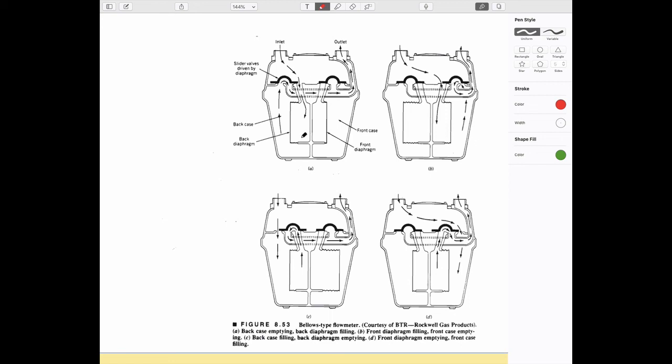It automatically flips a valve, opens up the outlet for it, and allows that metered volume to flow into the house, and then repeats this. So it's kind of a closed volume that allows you to fill it up with a fluid, in this particular case a gas, and then allows that metered volume to go from the upstream part to the downstream part. So a little bit like a nutating disc.